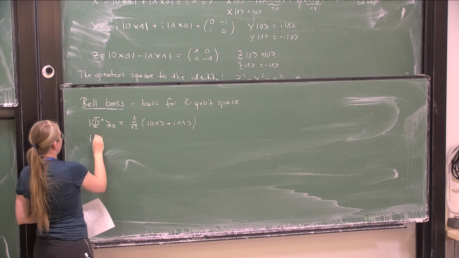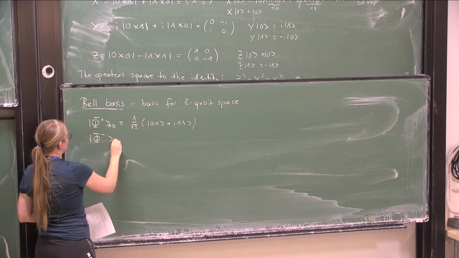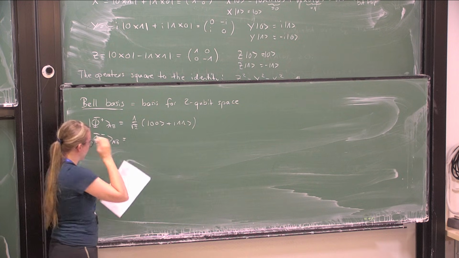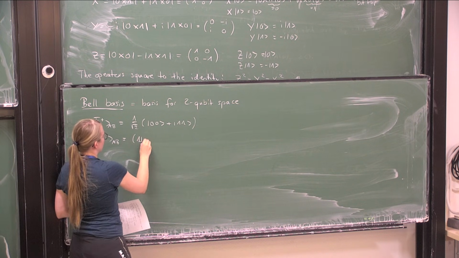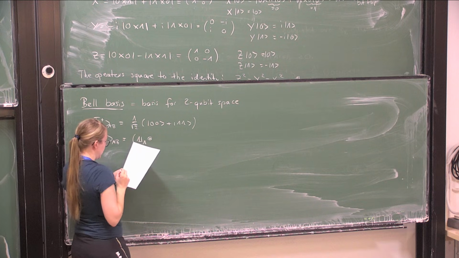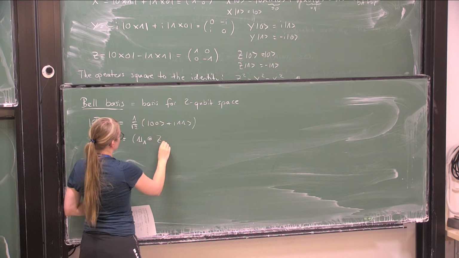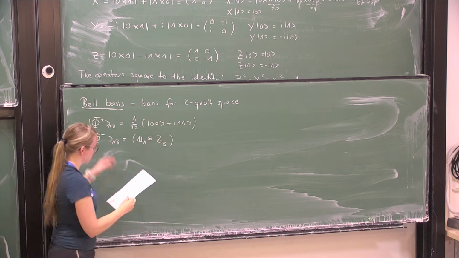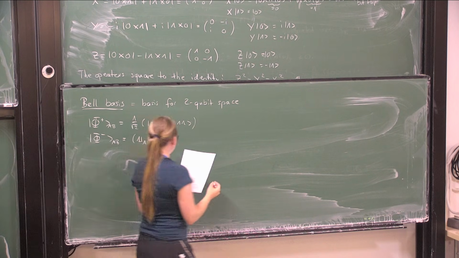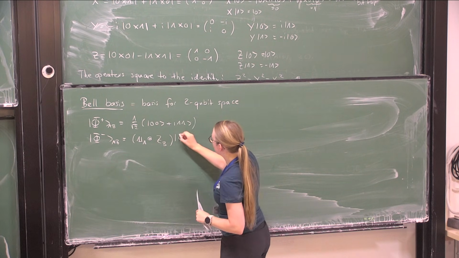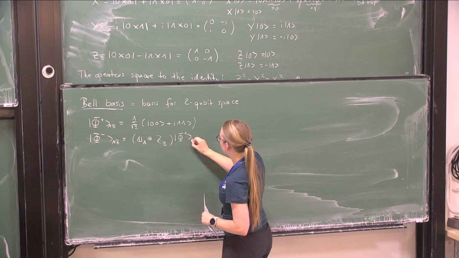That's phi minus. I get by doing nothing on system A, but applying the Z operator on system B, on the state that I started.